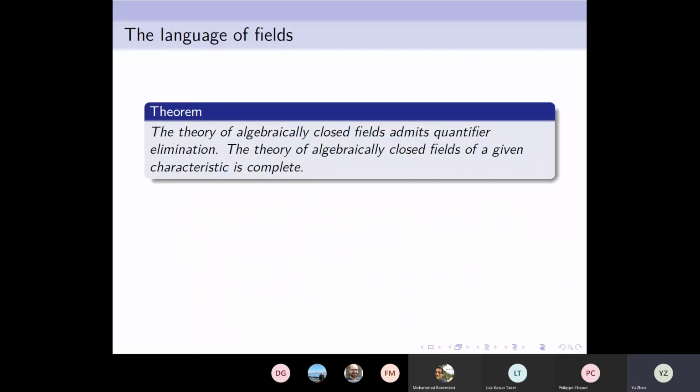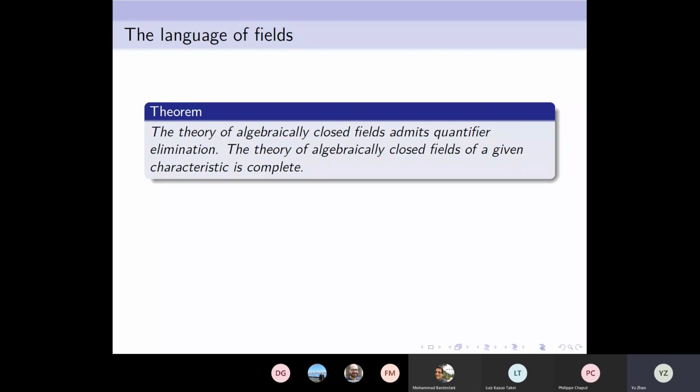Now here comes the theorem. The theory of algebraically closed fields admits quantifier elimination. That implies the theory is model complete. And the theory of algebraically closed fields of a given characteristic is complete.